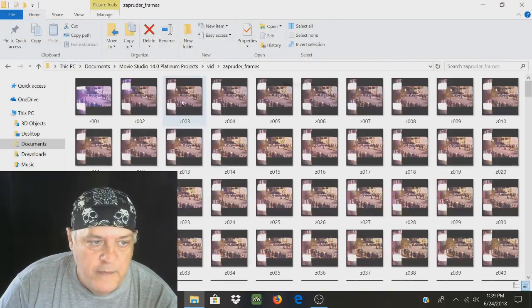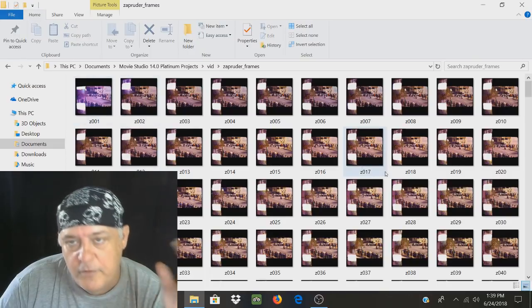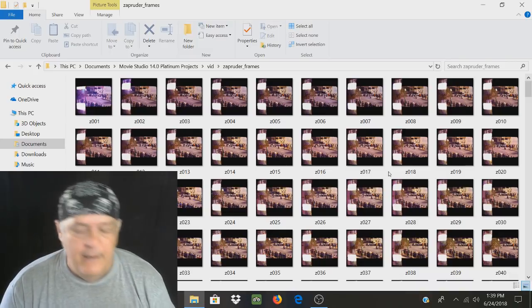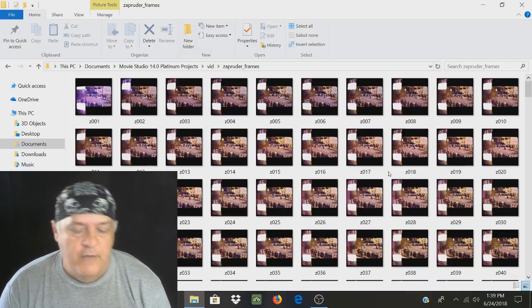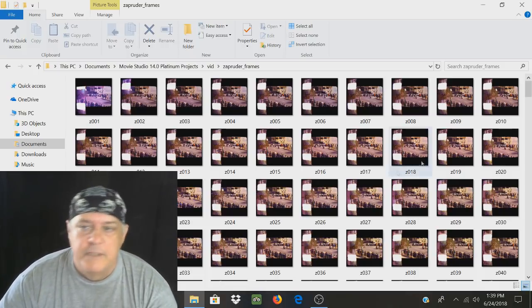Frame 001 through frame 132 has nothing to do with it either. But that's side A, and that's when side A ended. Then Mr. Zapruder switched the film around and started filming on that side, and that's where frame 133 comes into play.